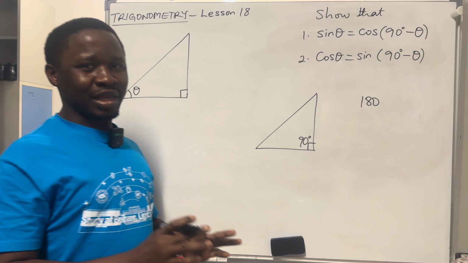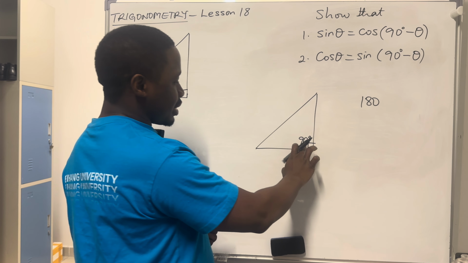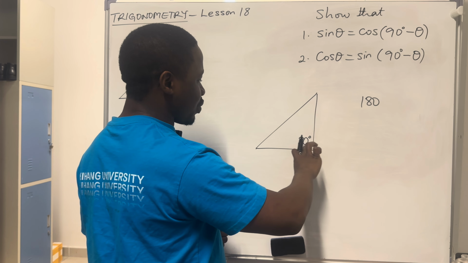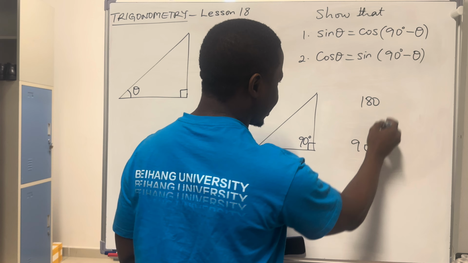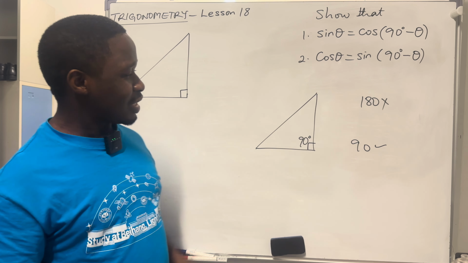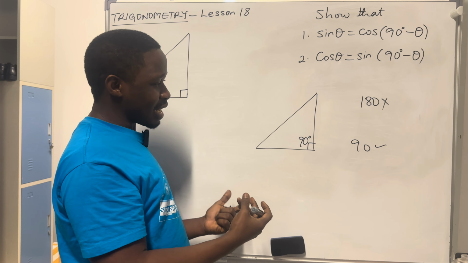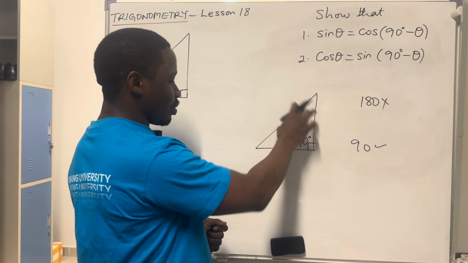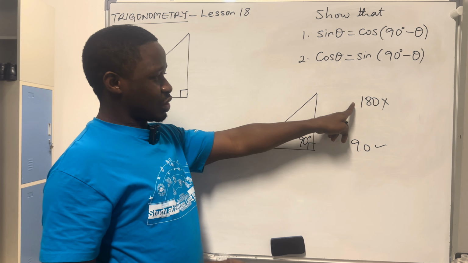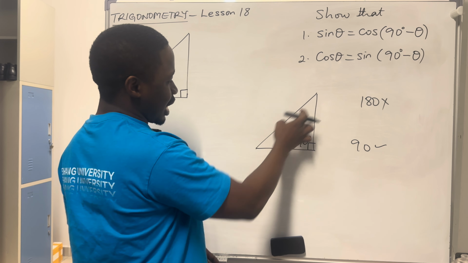If this is already 90, then out of the 180, if you take away 90, there will remain 90. And this 90 that remains is meant for this angle and this angle. Remember, the total of the three angles in any triangle is 180.